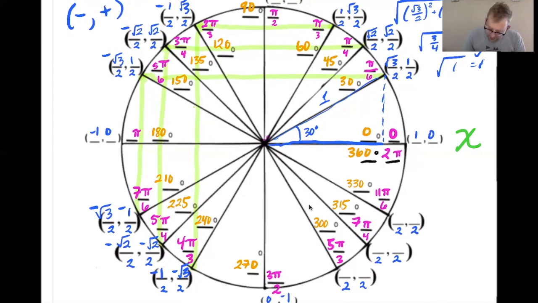All right. And then finally, as we go across, all the y's are negative over here. And we're just going to copy and paste as we have been doing. And so that's root 3, negative 1/2. Okay.